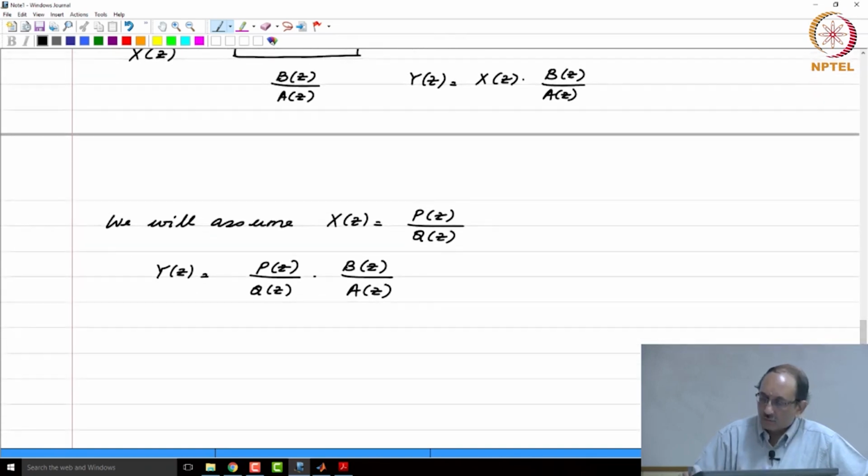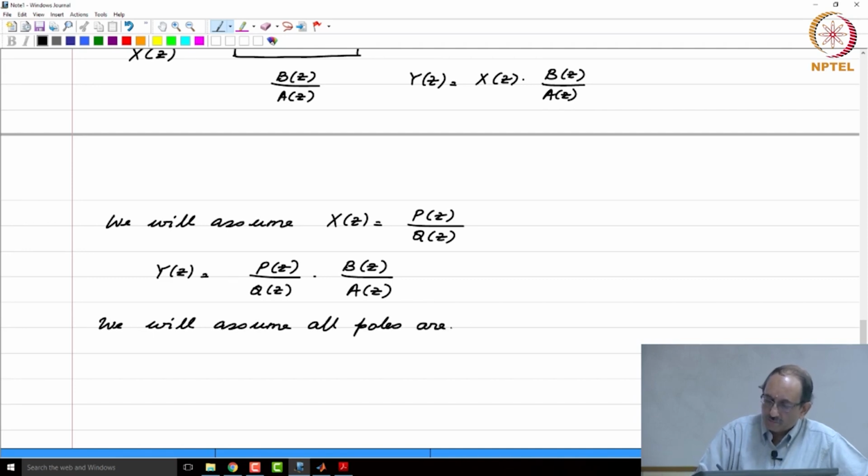Now, to make the discussion simple, we will assume all the poles are simple.